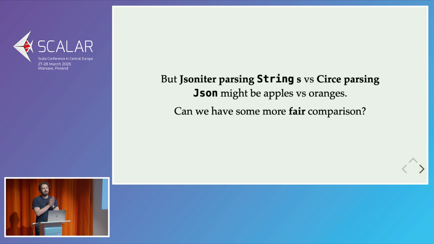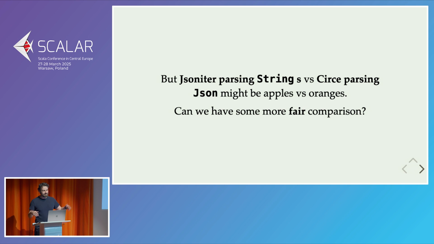But still, someone could argue, okay, JSON eater was designed with performance upfront, from scratch. This library is not doing a lot of stuff that Circe is doing. It's not using an intermediate structure for JSONs. Circe is decoding things into JSON, and then those JSONs are passed into the decoders to create the target value.